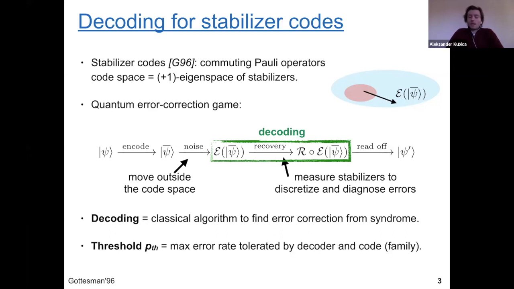And lastly, the notion which is essential for the talk is the notion of a threshold. Roughly speaking, a threshold is the maximal error rate which can be tolerated by a decoder and the code. And of course, the threshold depends on the noise model we assume.